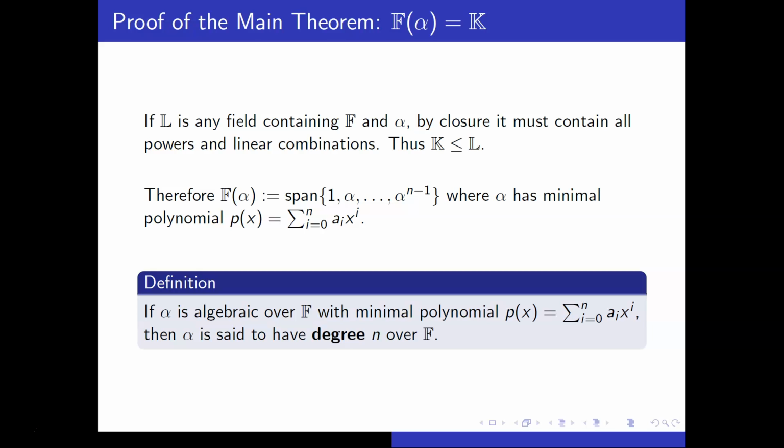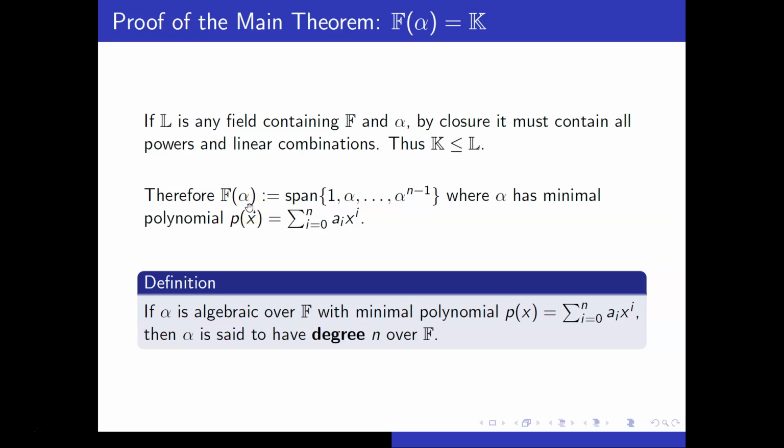It has to contain all multiples of those powers by elements of F. It has to contain all of their sums. So, in particular, all linear combinations of all powers of alpha must belong to L. In particular, this means that K has to be contained in L. That makes K the smallest field containing F and alpha.